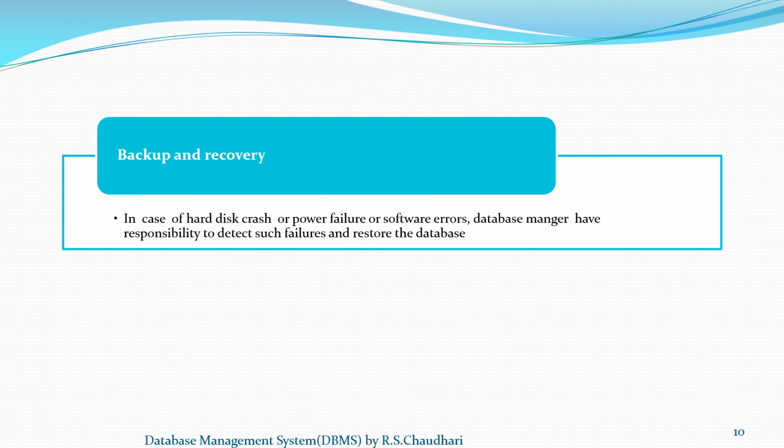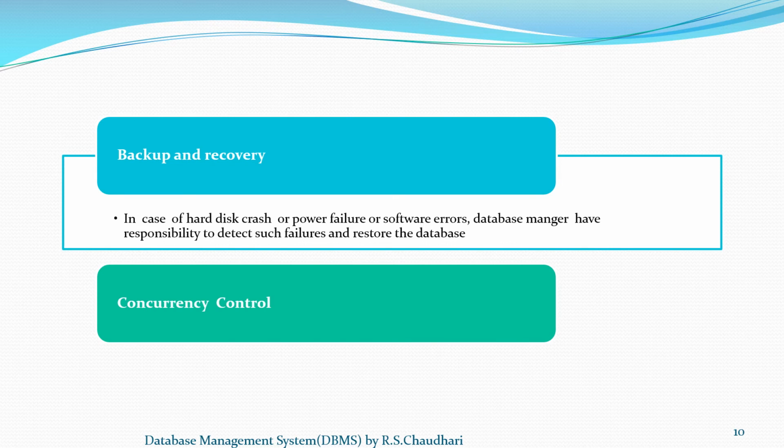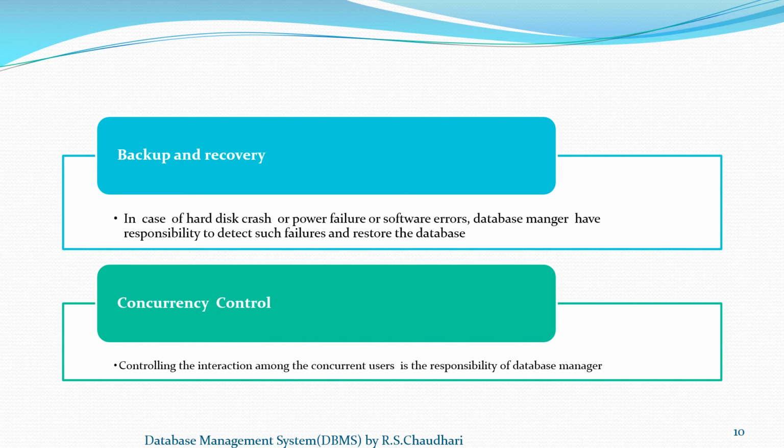In case of hard disk crash or power failure or software errors, the database manager has the responsibility to detect such failures and restore the database to normal state. Next one is concurrency control. Controlling the interaction among the concurrent users is the responsibility of the database manager.